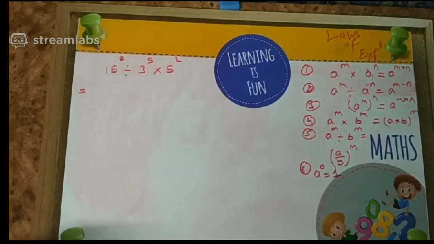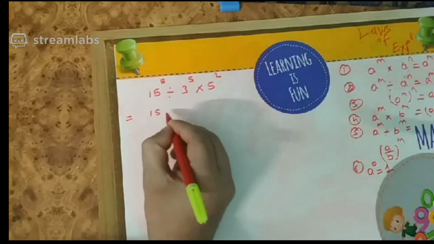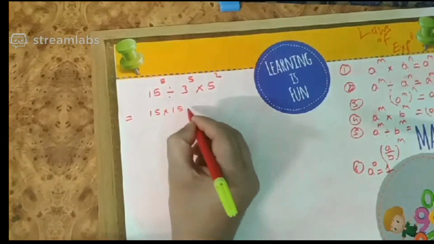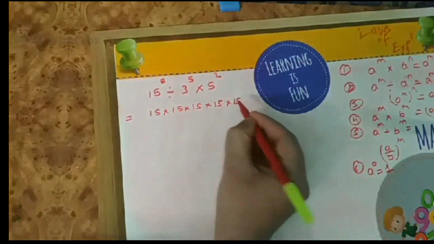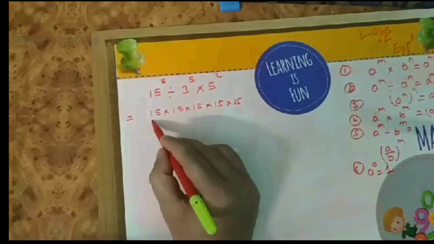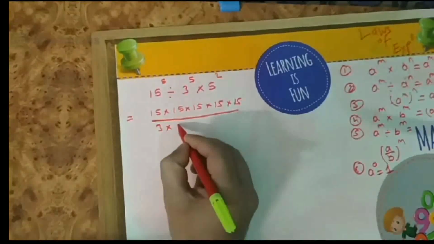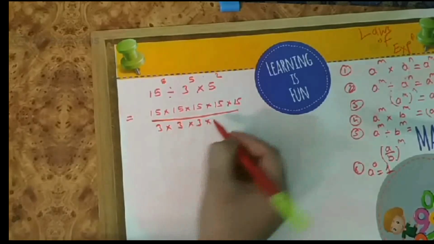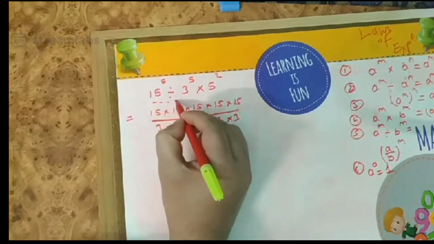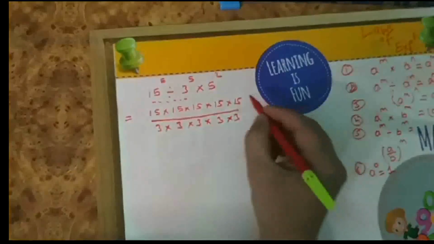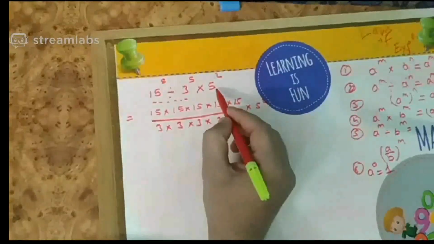I will start by writing 15 multiplied by 15 multiplied by 15 multiplied by 15 multiplied by 15, as 15 is repeated 5 times, divided by 3 multiplied by 3 multiplied by 3 multiplied by 3 multiplied by 3. I am solving right now: 15 power 5 divided by 3 power 5, multiplied by 5 power 2 as it is.